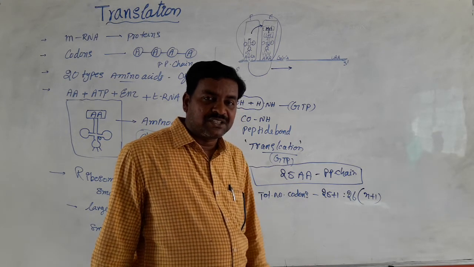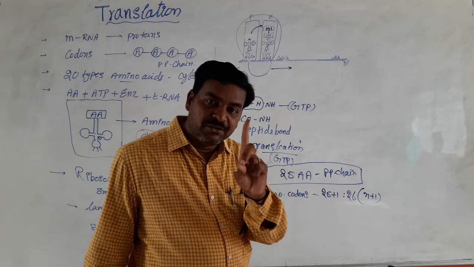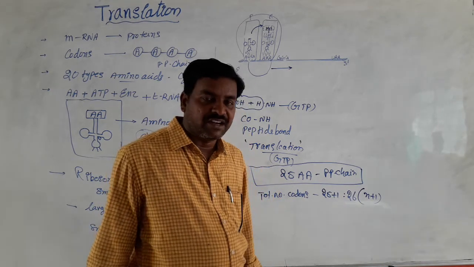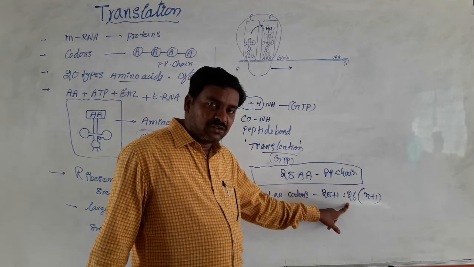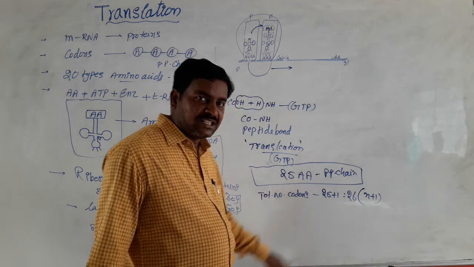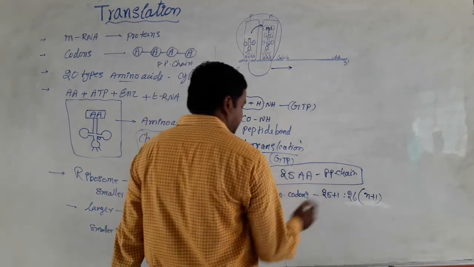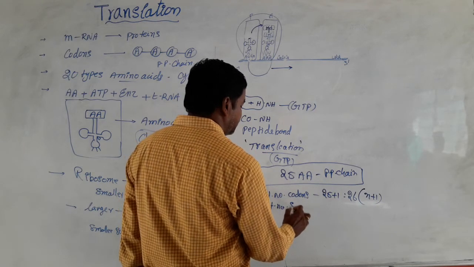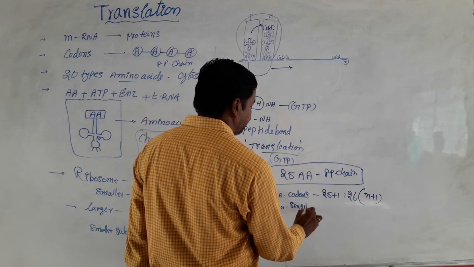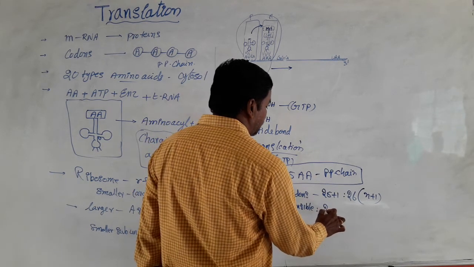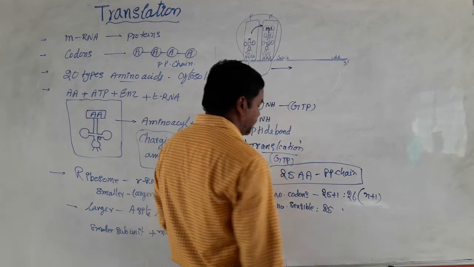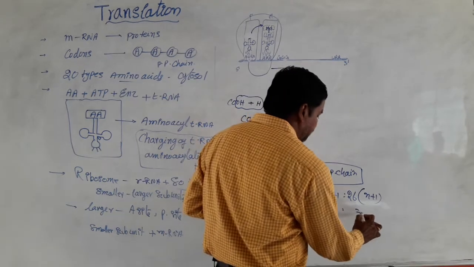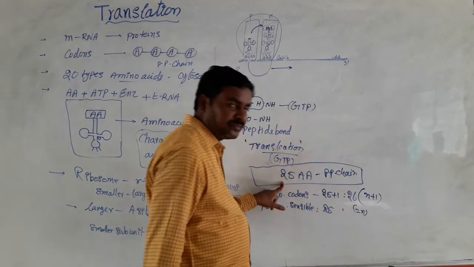To terminate the process, one additional stop codon is also required. Including the stop codon, the total codons present in mRNA is 26. Now the total number of sense codons is always equal to the number of amino acids, equal to n.